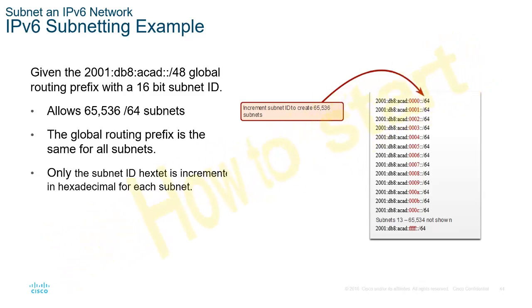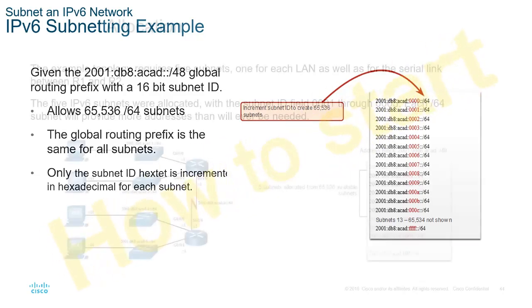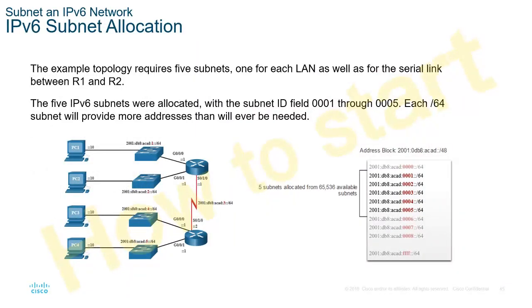On the screen, the diagram shows the 64 bits, with the last 16 bits being the varying bits, or the subnet bits. In the example topology, it will require 5 subnets, so we will get 5 subnets, and we can identify them and distribute them.